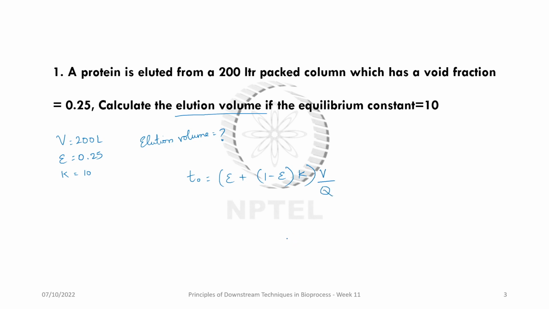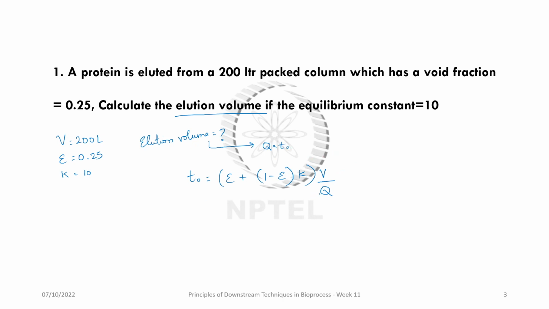Remember this formula. So can you now substitute everything into this and tell me what the answer is? So you know what epsilon is, you know what K is, and we have V given. And elution volume is given by Q into T naught, right?